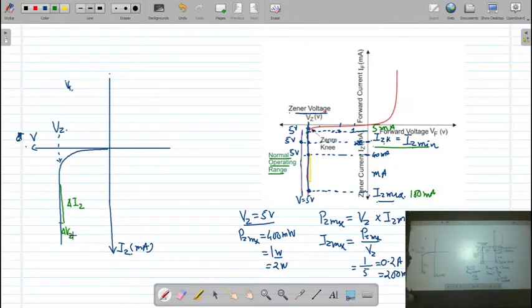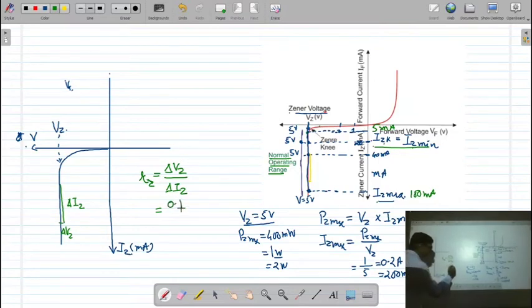So if we calculate the resistance, Rz is given as delta Vz by delta Iz. My delta Vz, as you can see, is very small. Let us say it is 0.1 volt, and the variation in the current is, let us say, 50 milliampere, so 50 into 10 to the power minus 3.